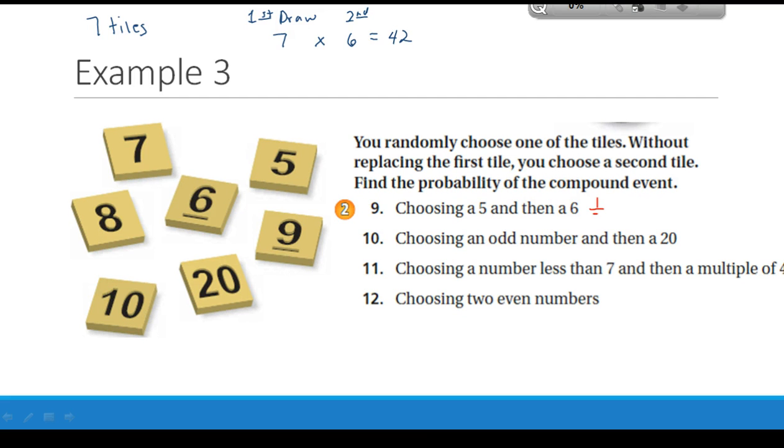And in the first draw, there's 7 tiles. So the probability of drawing a 5 is 1 out of 7. Now the probability of drawing a 6, now this has changed. That 5 is now out of my pile of tiles. So there's only 6 tiles left. And how many 6s are there? 1. So this would be 1 times 1, which is 1, and 7 times 6, which is 42. So it'd be 1/42.